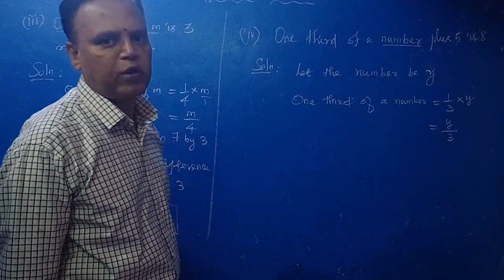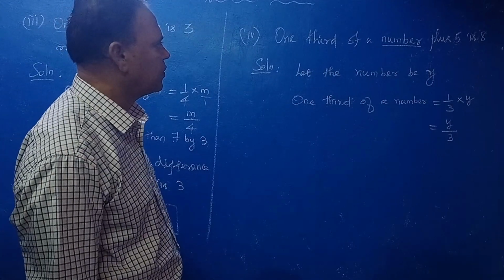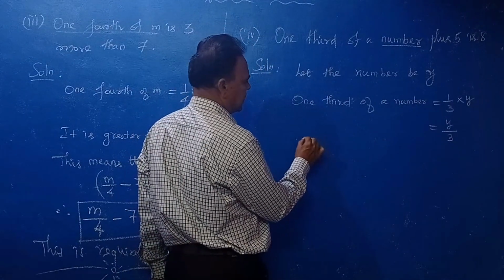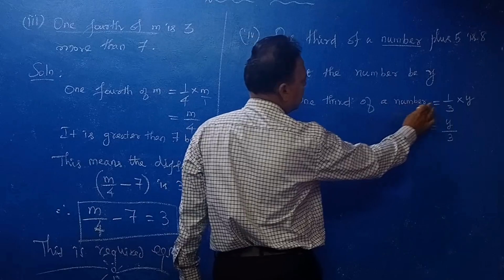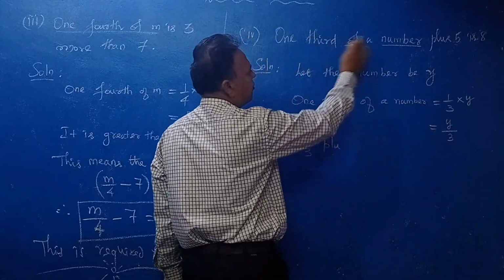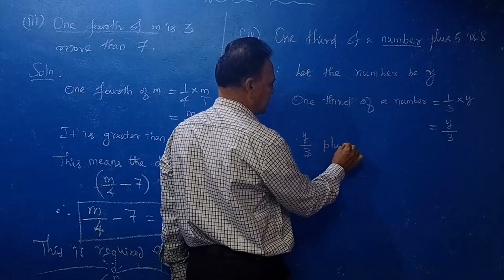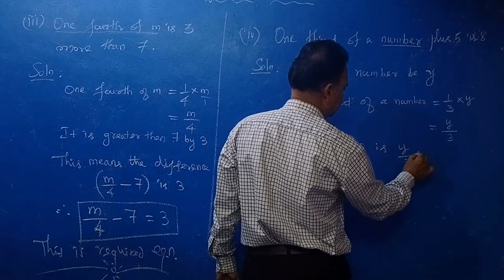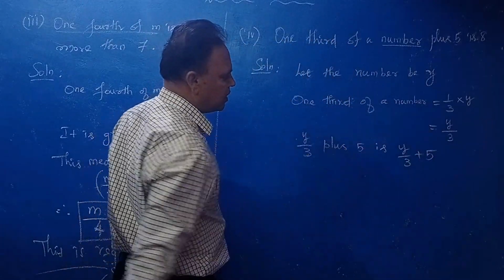Now plus 5 with this, that is Y/3 plus 5. Here you write the addition symbol.